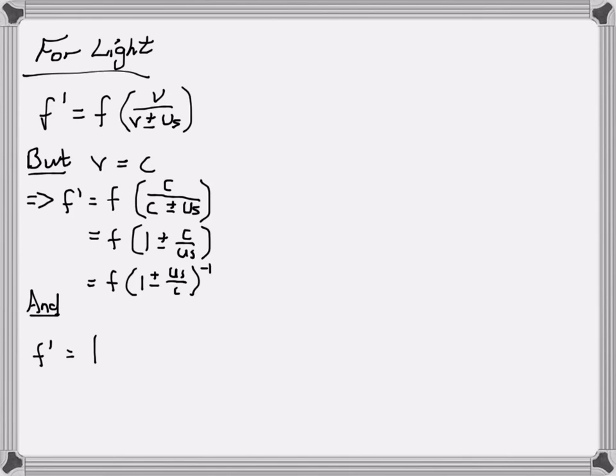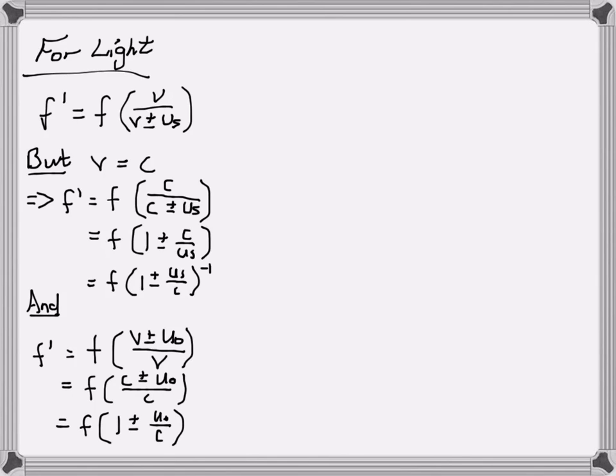And if I consider my equation for a moving observer, then I get f prime is equal to f times v plus or minus uo all over v, and that all equals the following when I substitute v for c. And again, the c's cancel and I'm left with f prime is equal to f times 1 plus or minus uo over c.